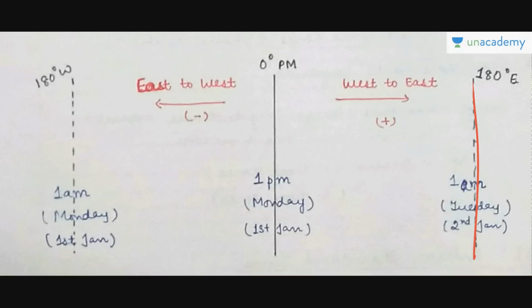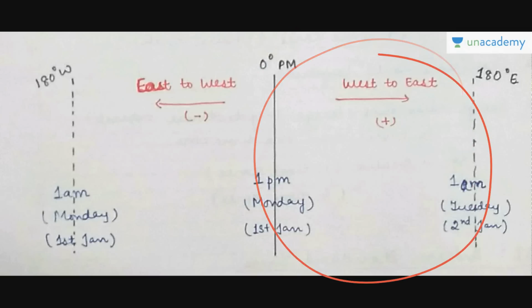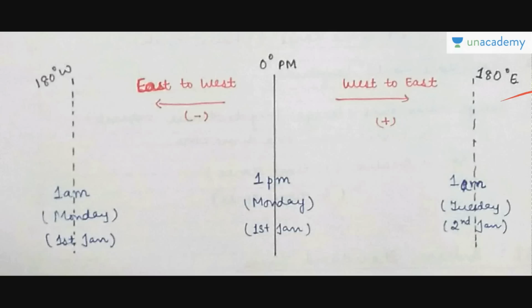Please pause this video here and try to understand this. If you consider it to be a circle like this, and this is the front line, the back line of this is this 180 degree line, but the area between this 0 and this 180 degree east is actually the western part for this line.